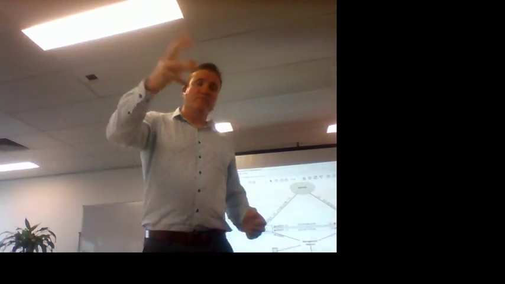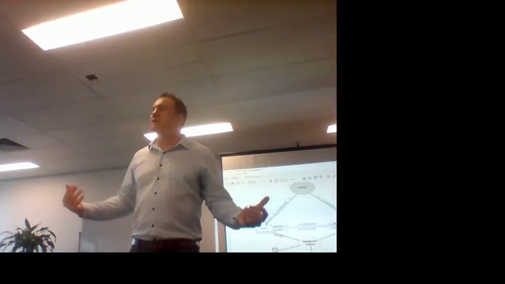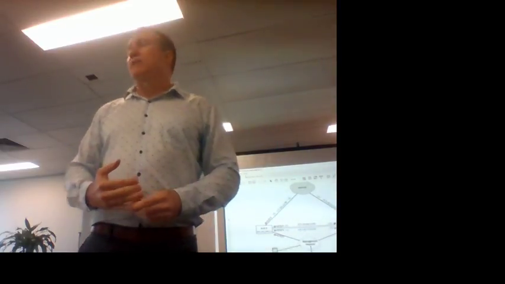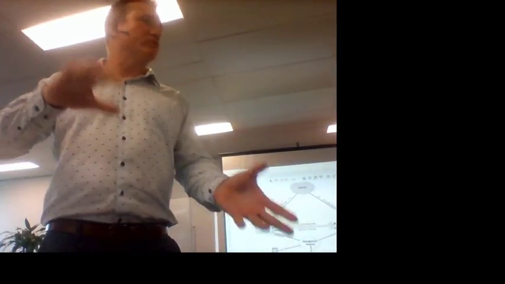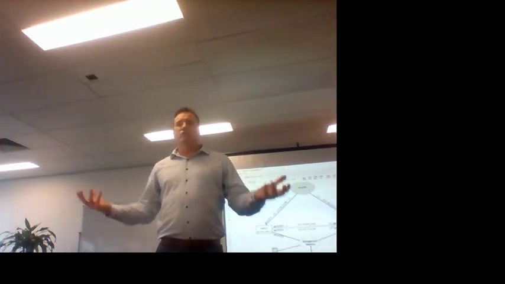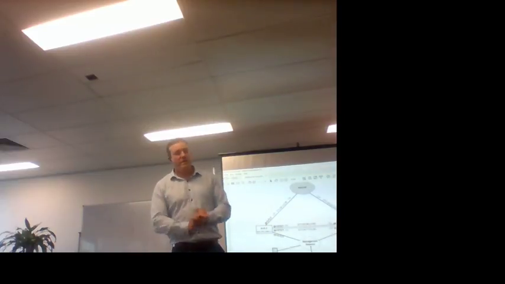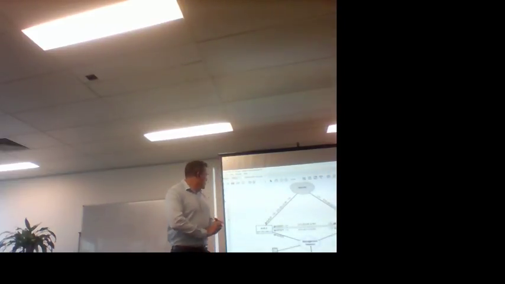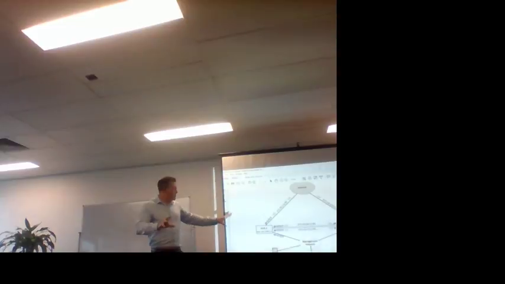We'll configure it as a firewall and implement security policies and VPNs, all the different things that we would want to do with a firewall. So it's got these two modes. Just so you know, we're in packet mode.